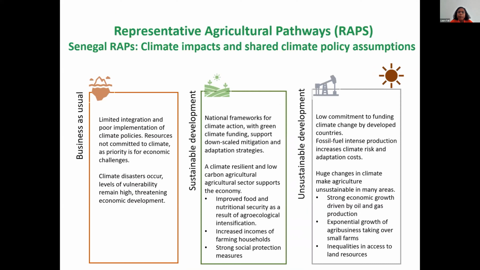It's not only about the policy. We also try to evaluate climate impact, but also the different climate policy assumptions. We have, for example, in the sustainable development scenario, a strong lead for improved food and nutritional security based on this agroecological transition.